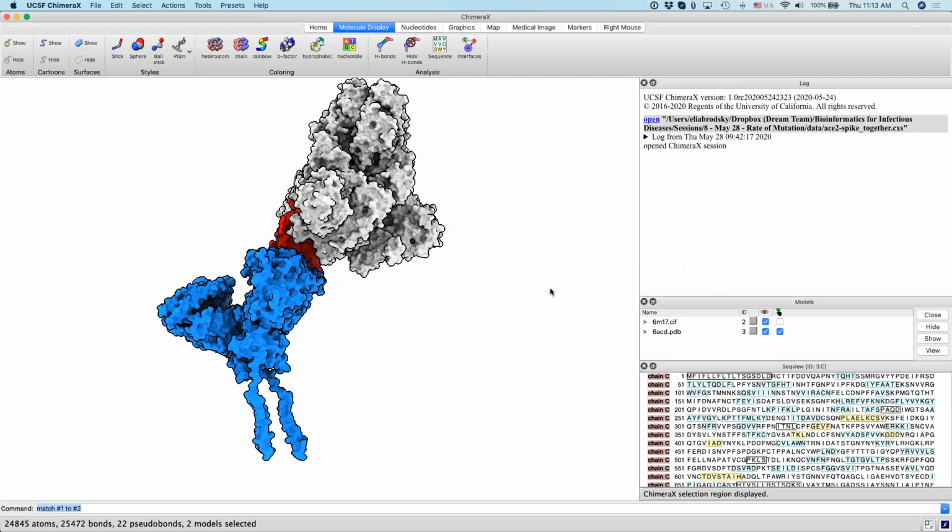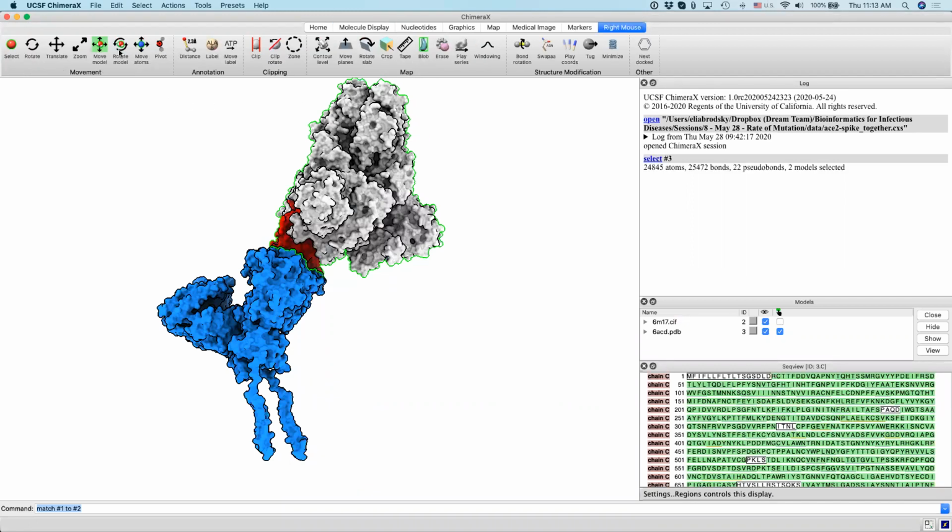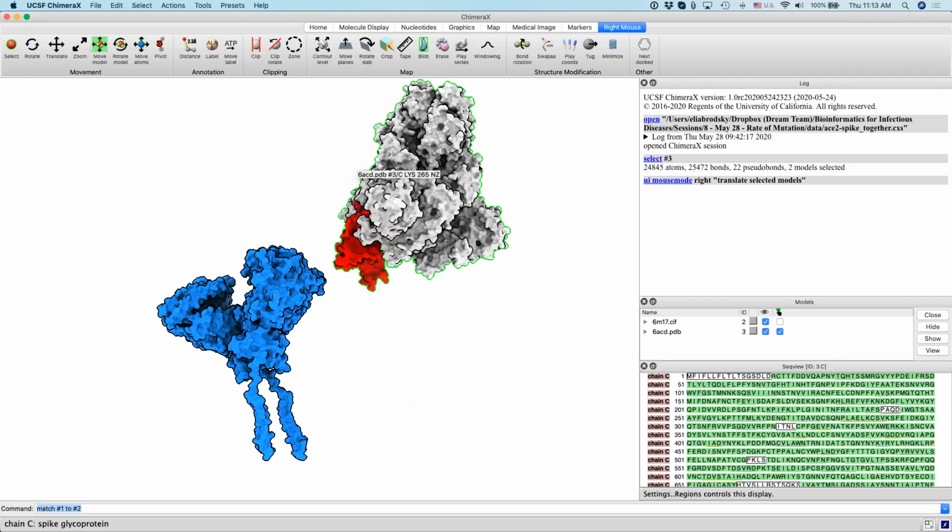The problem is, how do you know whether this spike glycoprotein really attaches in a specific way to the place on the ACE2 receptor? So what we'll do here, and I'm sorry that this might be a little fast and maybe not everybody can follow, but I'll just move this away.